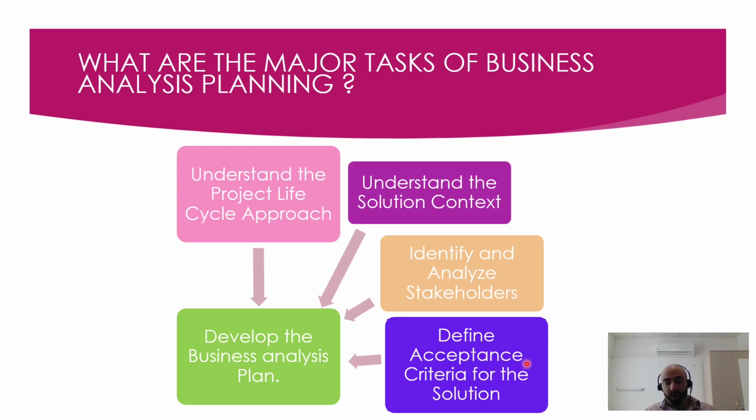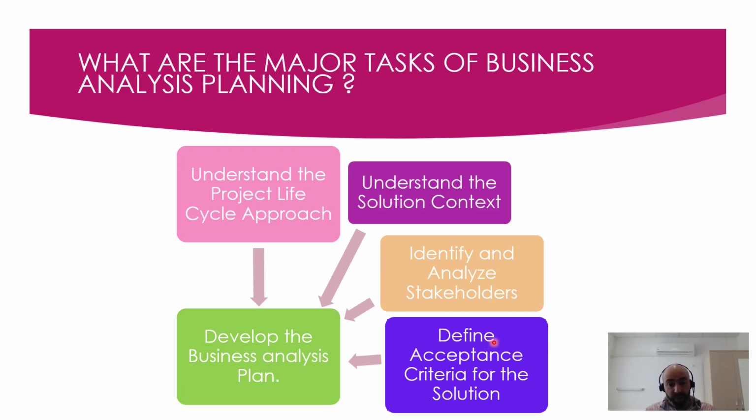And we can have a quick example of acceptance criteria. For instance, I am a businessman and I have a company. I am making a profit per annum, that is the as-is situation, let's say $100,000. I am investing in a project, in a solution, and that solution is going to bring me 20% more of my annual profits.